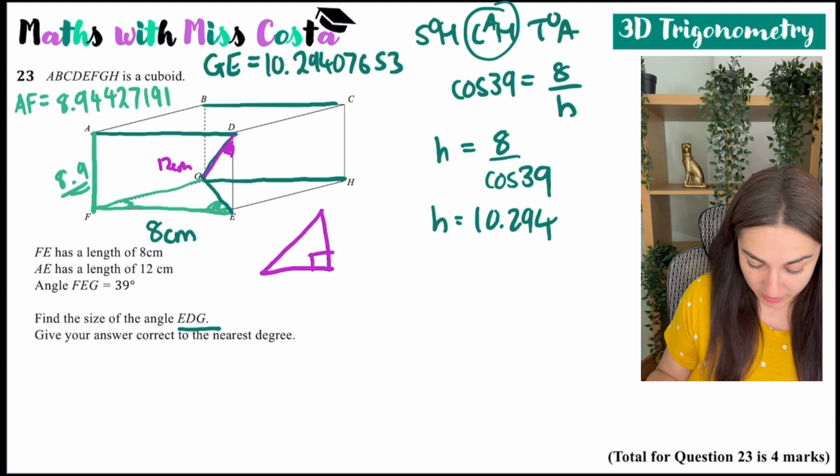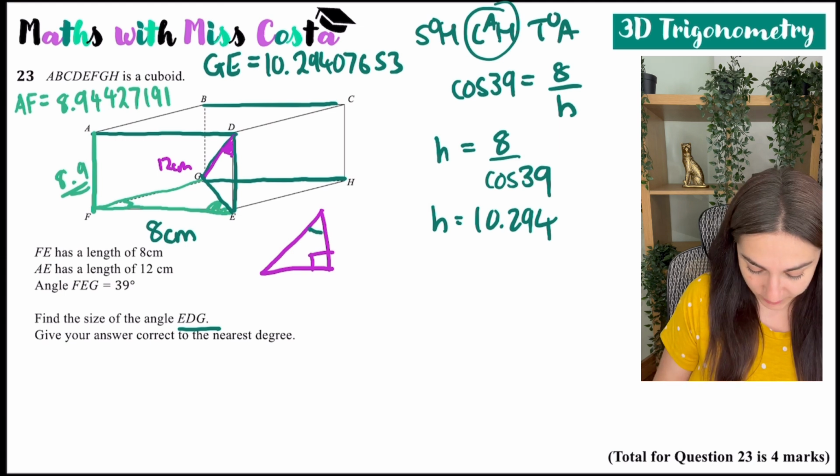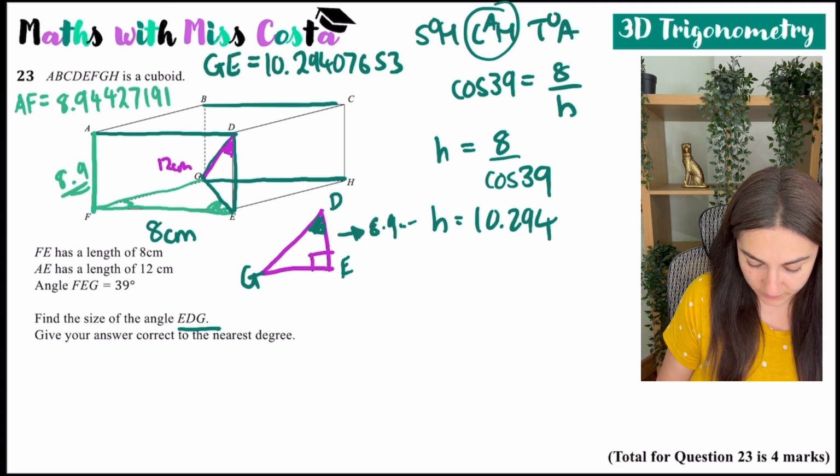And the next part is using this triangle here to work out this angle here. So if that's D, that's E, and that's G. DE, I've already worked out that length is 8.94. And the hypotenuse, I've just worked out that that length is 10.29.